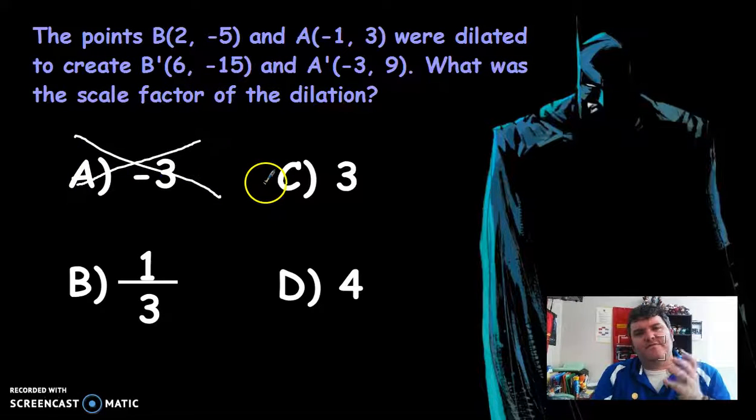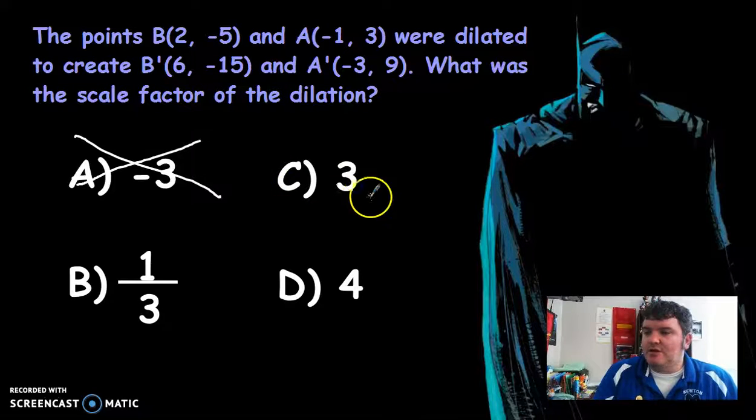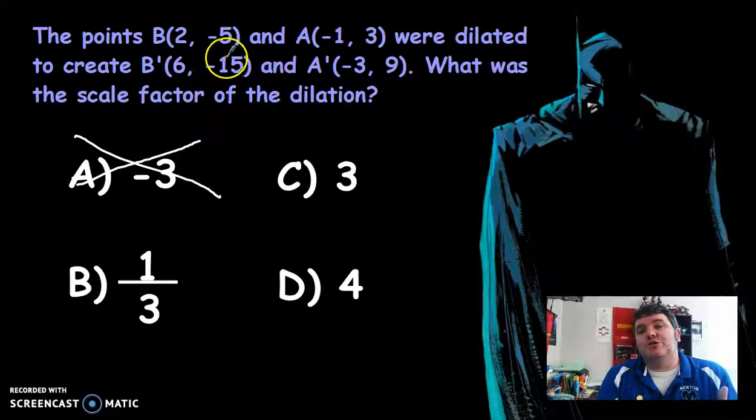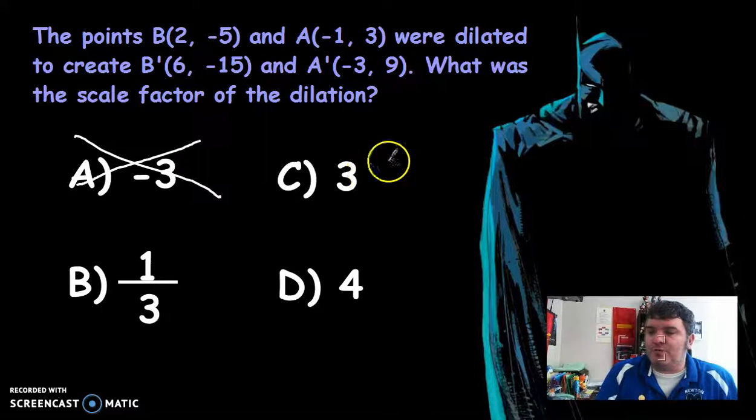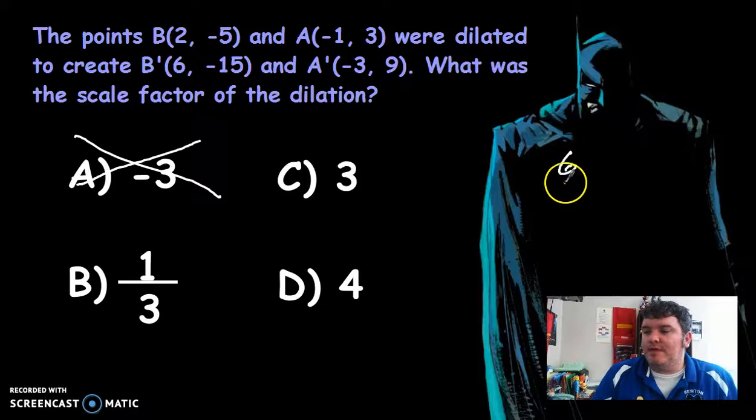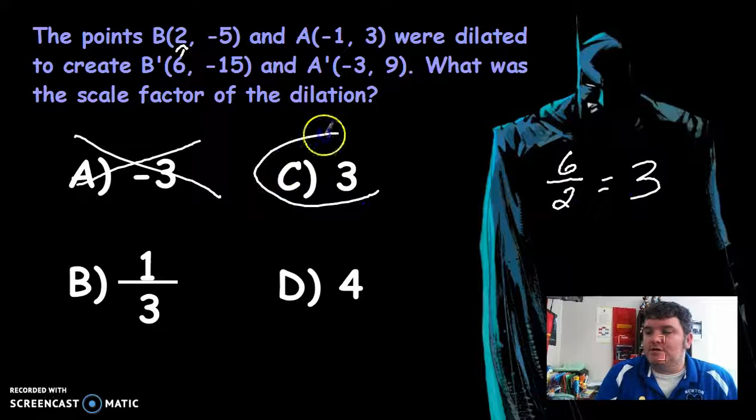That causes kind of an inversion to the problem. So I see that I started with 2 and negative 5 and then moved up to 6 and negative 15. Some of you are going to be able to just look at that and know what the scale factor is. But remember, the way we can find it is to take a value from the image and divide the equivalent value from the pre-image, and so I can see that the answer is 3.